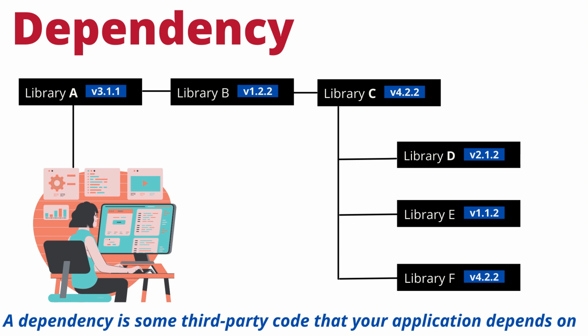For example, if you add a payment feature in your application, someone has already created that feature, so you will simply use that in your project. So here that payment package will act like a dependency. And if your project is using that dependency, first you need to have that package installed in your project. Otherwise, your application will not work. So this is called dependency.